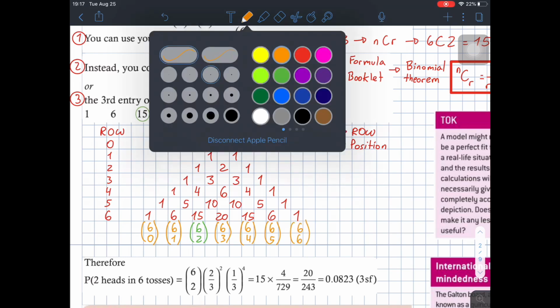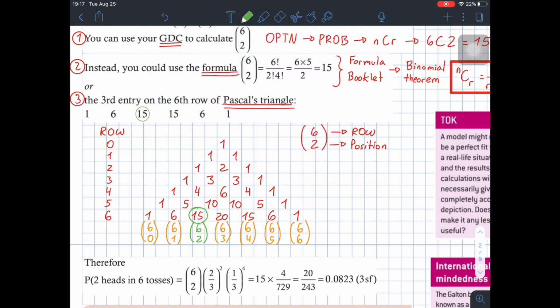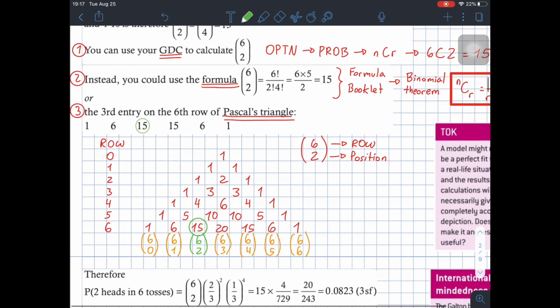So you see that again, we're getting this value 15, which is exactly the value for the combination when we take 6 elements 2 at a time, right? So that's another way of calculating the value of the combination. Building the Pascal triangle up to the 6th row, and looking at, in this case, it's actually the third position, right?